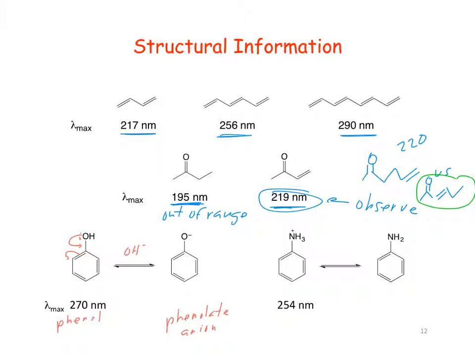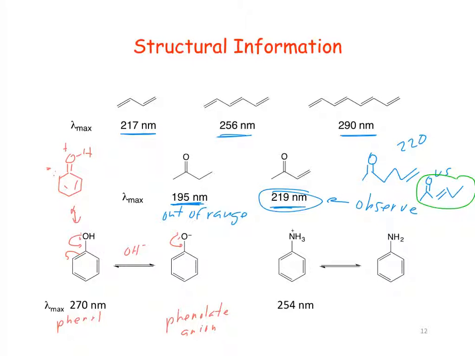And if we draw out that resonance structure, we put some plus here, minus here, and we notice that we've extended the pi system up to the oxygen. But when we have this minus charge here, it can really do the same thing, but because it's donating more electron density, it actually shifts to a longer wavelength.